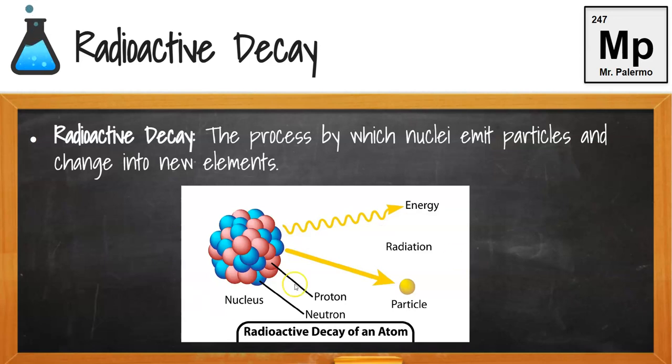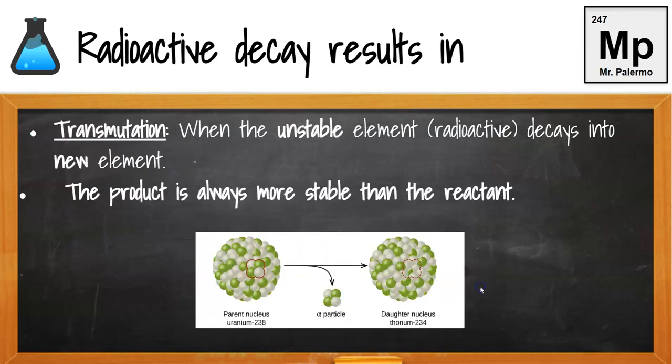When we have a radioactive nucleus, one that's unstable due to those electrostatic repulsive forces, it's going to emit a particle and some energy, and we call this emission radiation. In radioactive decay, we get what's called transmutation, when this unstable radioactive nucleus decays into a new element.